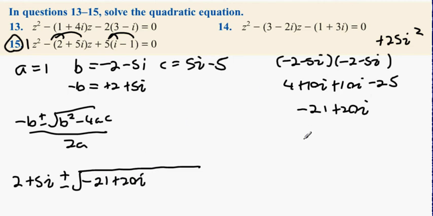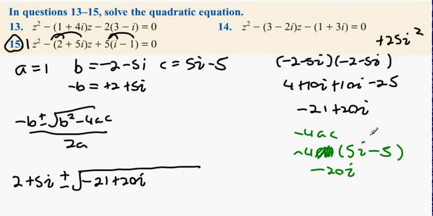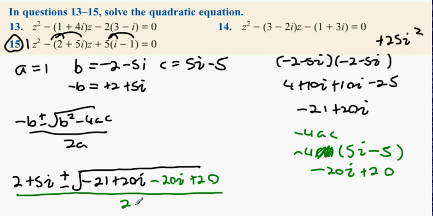Now we've got to do the minus 4ac part. So it's going to be minus 4 times 1 times c. C in this case is 5i minus 5. And then that's going to be minus 20i plus 20, all divided by 2 times 1.